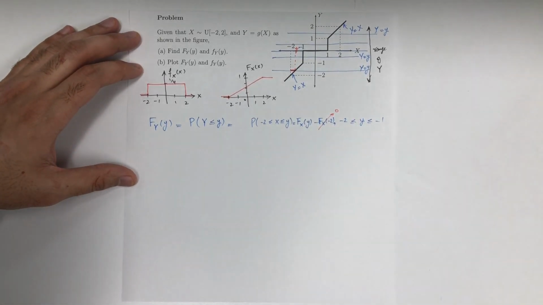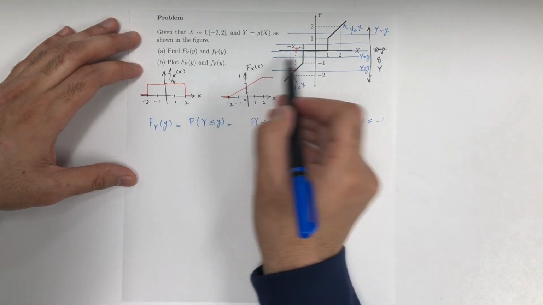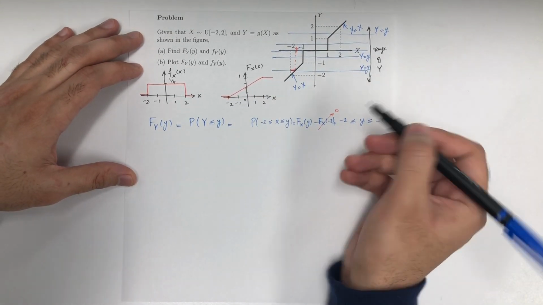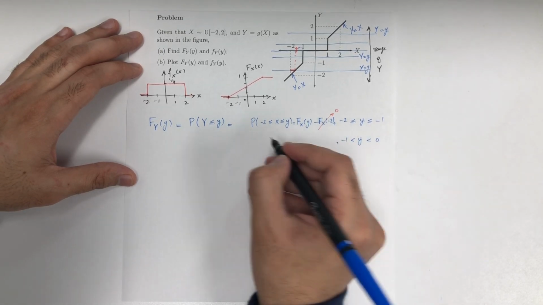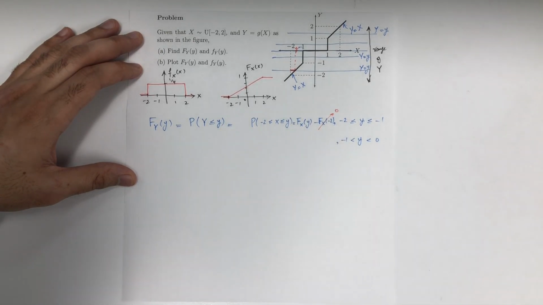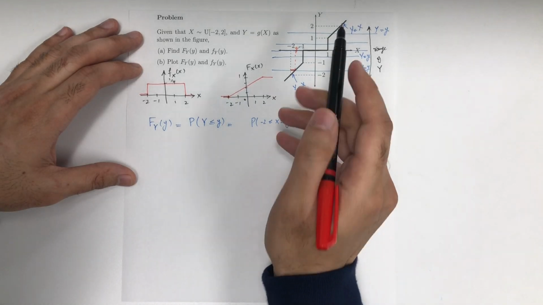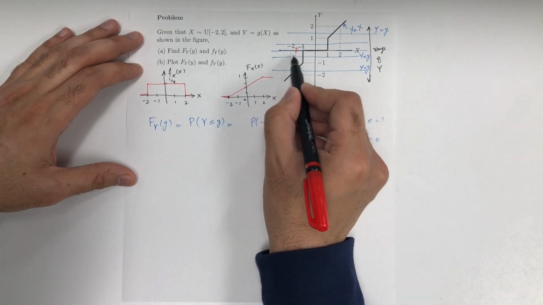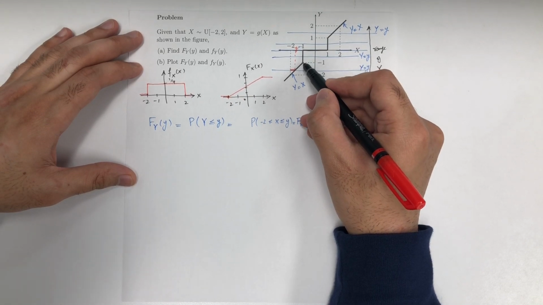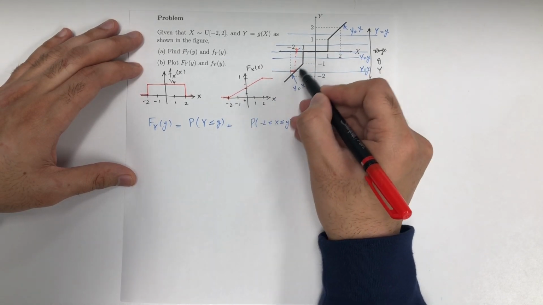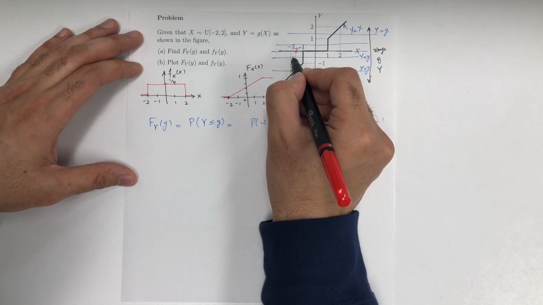For the next possibility, when y is between -1 and 0, the x has to be in this range, because the black solid line is below this blue line in this region, which translates to x being here.